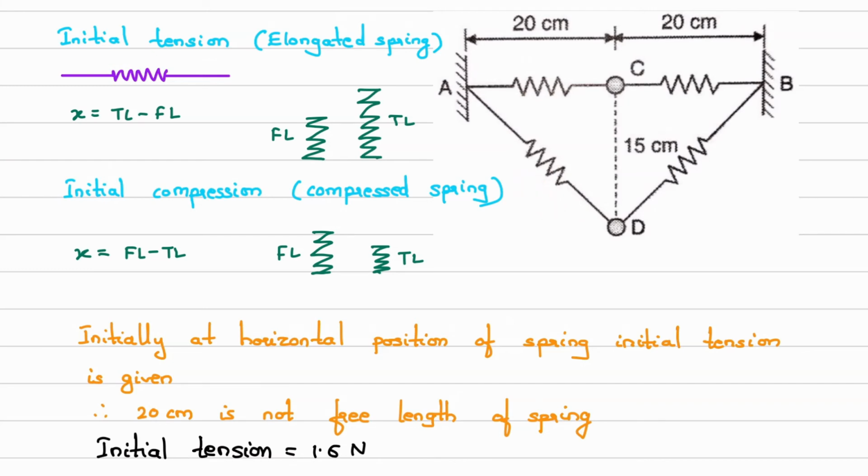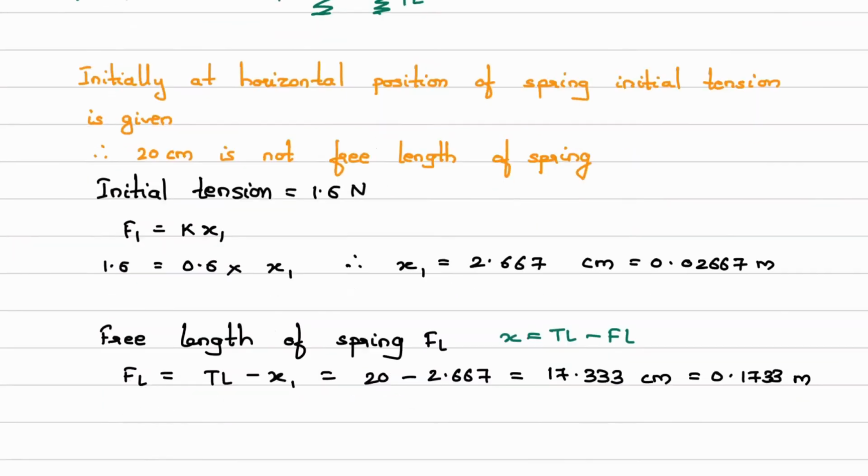We found x1 when the position of the spring was horizontal, and it was initially elongated, so this is the total length, and we found the deformation and the free length. Now, using that free length and this elongation, we can find deformation x2. So how to calculate this now? I'll write down the final deformation.